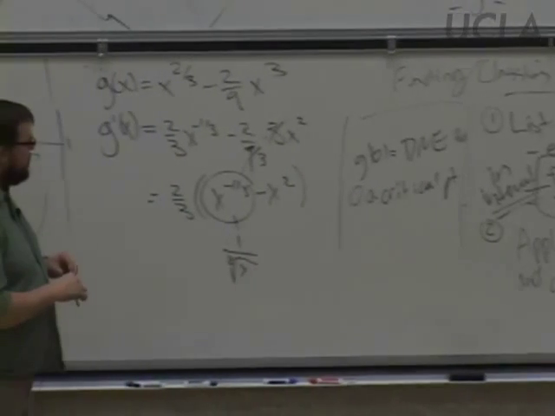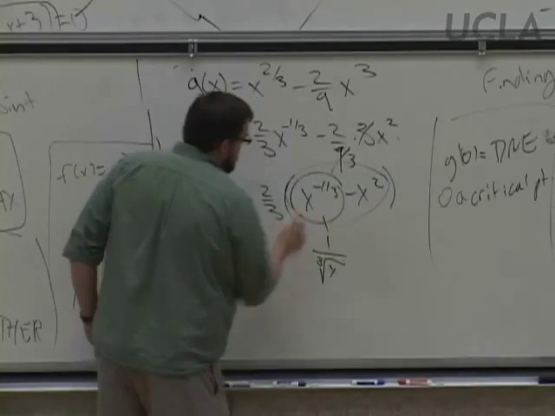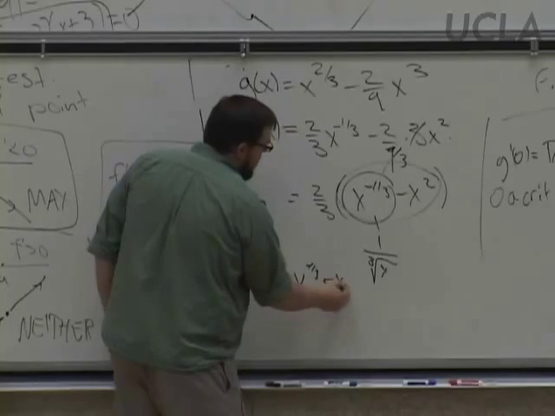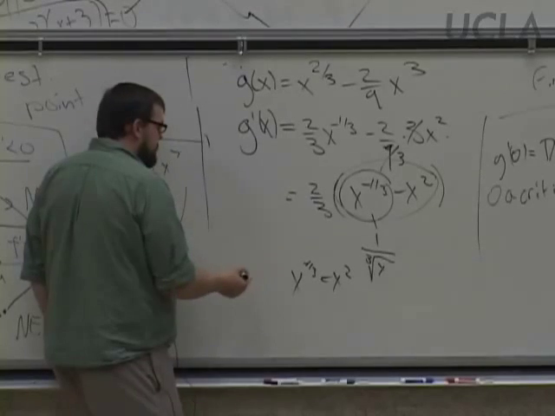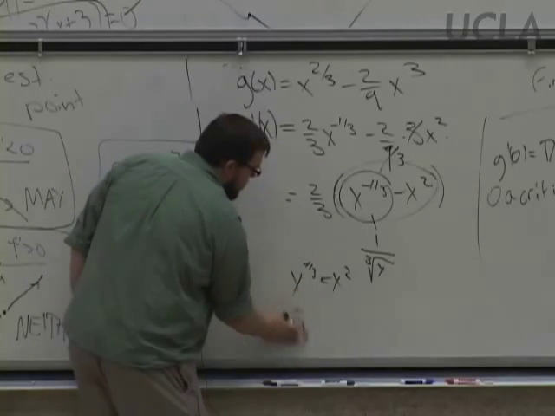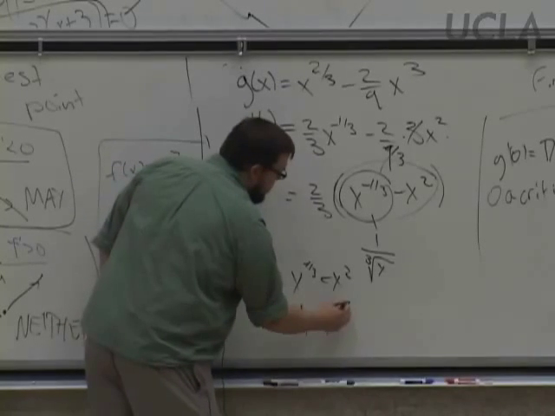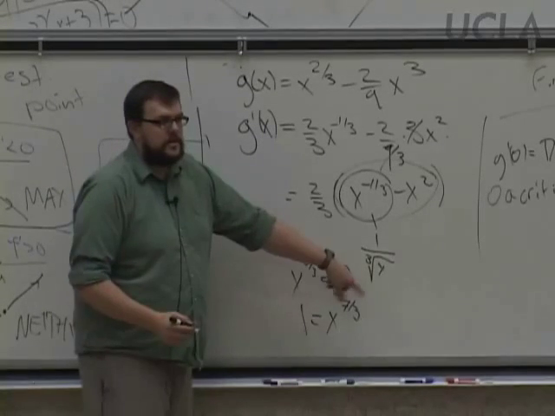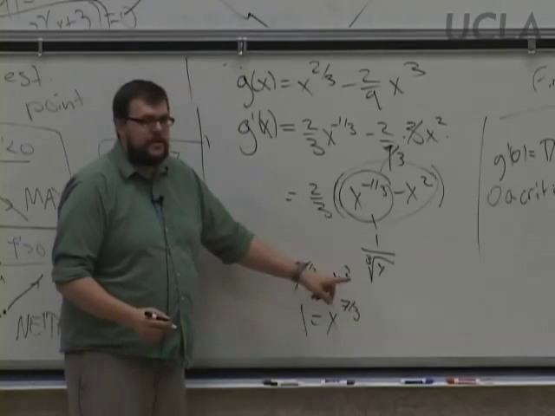Now, where else is another critical point? Well, we set it equal to 0. That's the same as saying x to the negative 1/3 is equal to x squared. If you play around with it, multiply both sides by x to the 1/3, that's the same as saying that 1 is equal to x to the 7/3, which is 2 plus 1/3. Well, what number, when I raise it to a power, gives me 1?